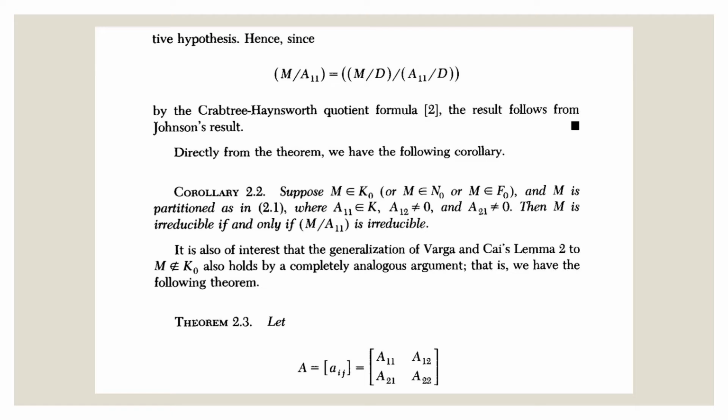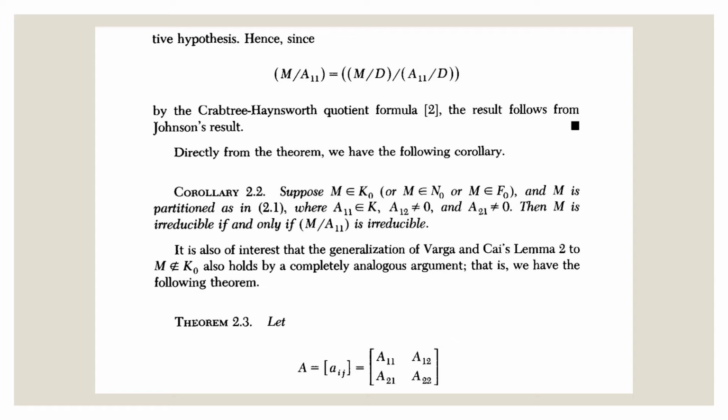Directly from the theorem, we have the following corollary. Corollary 2.2. Suppose M is in K-naught and M is partitioned as in 2.1, where A11 is in K, A12 is not equal to 0 and A21 is not equal to 0. Then M is irreducible if and only if M/A11 is irreducible.